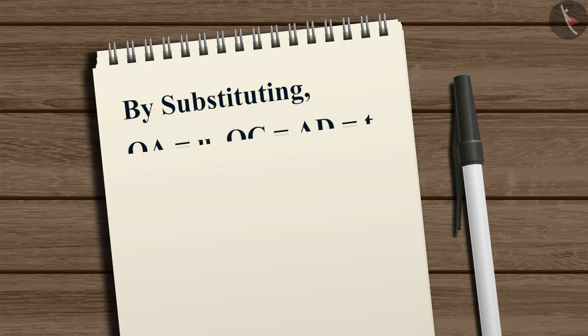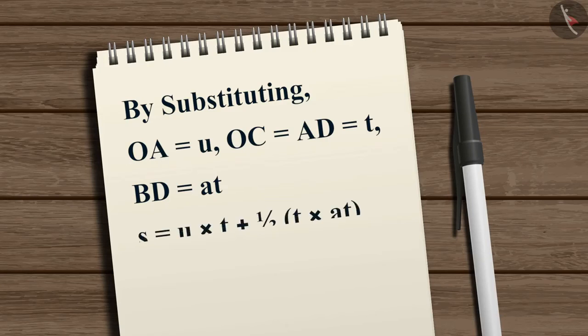By substituting OA = u, OC = AD = t and BD = at, we get s = u multiplied by t plus 1/2 multiplied by t multiplied by at, which is equal to ut + 1/2 at².